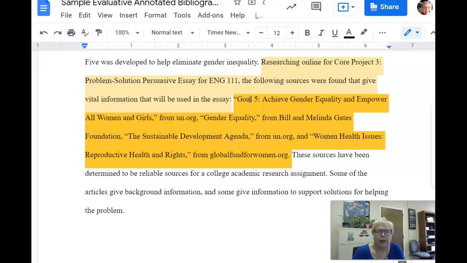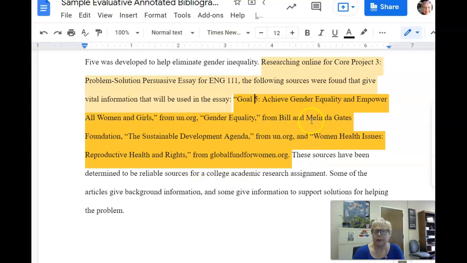So I've got 1, 2, 3, 4, and I'm telling you, these are the publishers. These are the things that were published. These are the things that you put in italics when you did your works cited page.